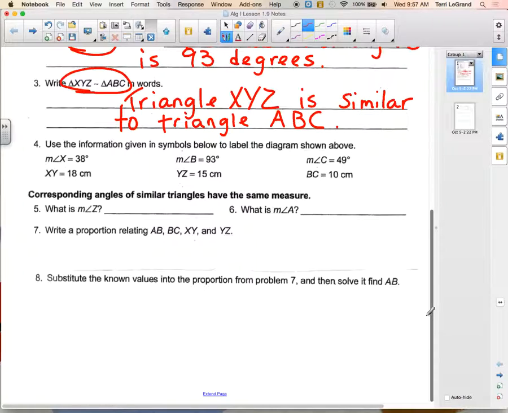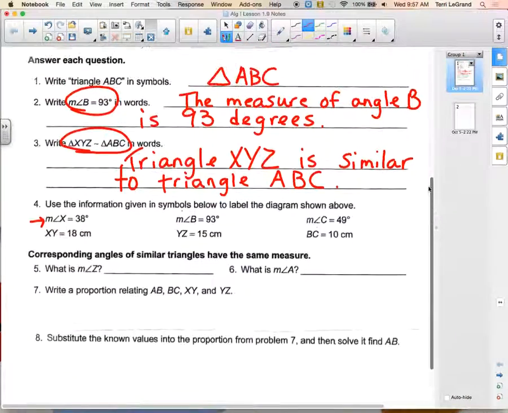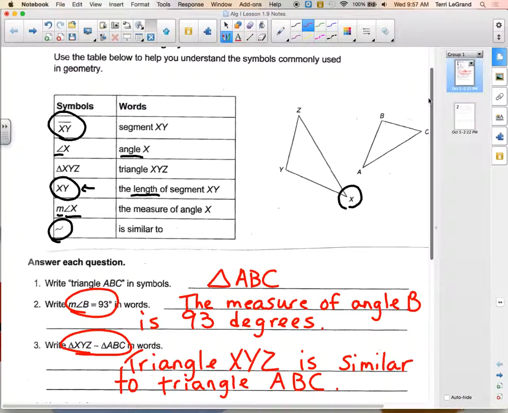Okay? So use the information given in the symbols below to label the diagram shown above. What's this one saying to us? The measure of angle X equals 38 degrees. So we're going to go inside angle X and put 38 degrees.